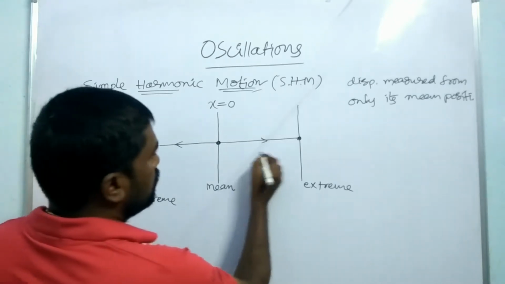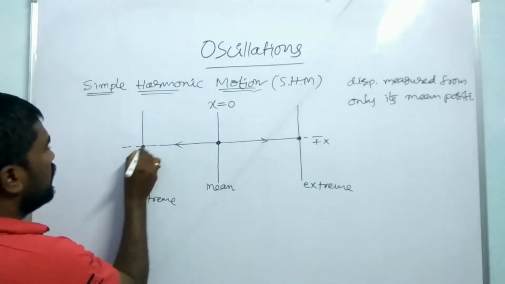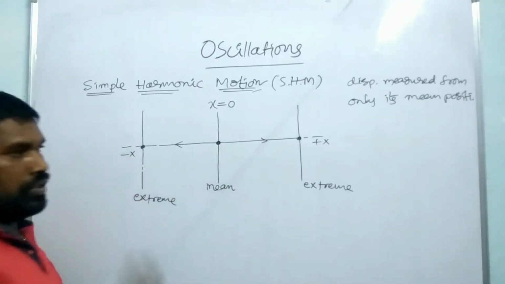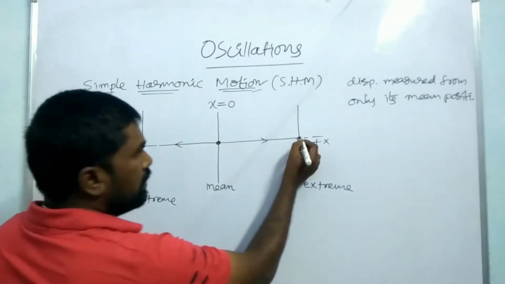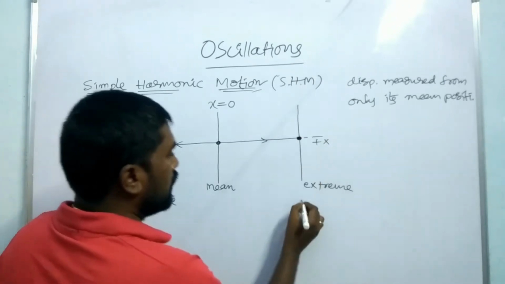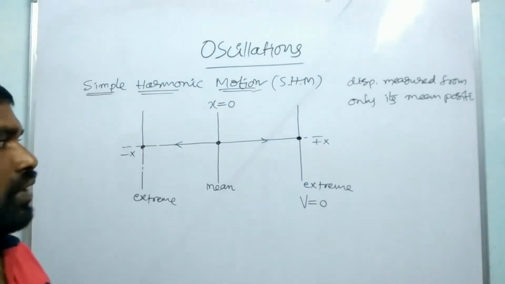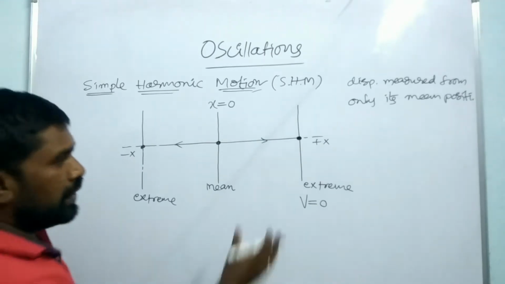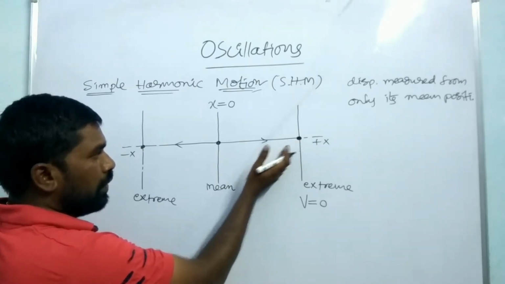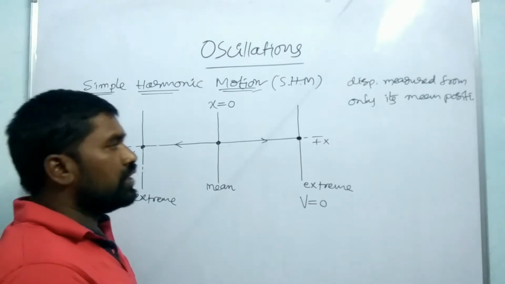So this is the positive x-axis and this is the negative x-axis, right? This is the origin, or the mean position. Now here the particle is at this point, and its final velocity is zero, because at this point the particle is ready to come back to the mean position.